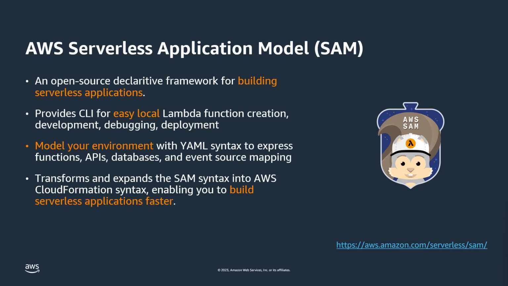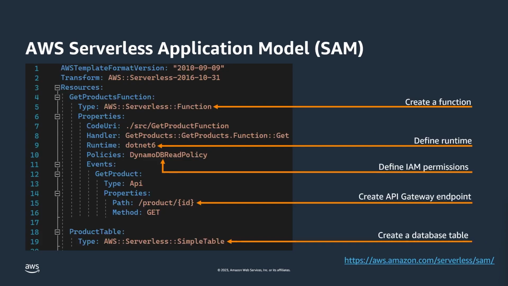So if you're creating a Lambda and an API Gateway, maybe DynamoDB, all of that is actually configured, created, and managed inside of CloudFormation. This enables you to build serverless applications faster because it sits on top of CloudFormation. And how that is managed is that CloudFormation has this concept of stacks, which is a way that we organize groups of resources and services.